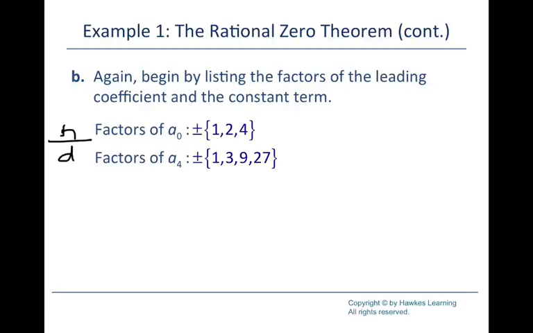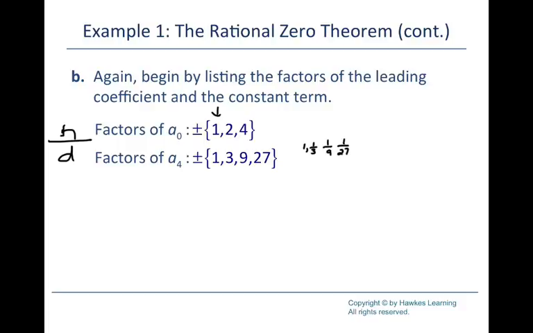That's called P over Q. So I'm going to start with a 1 right here and then put it over everything. So I've got 1 over 1 is 1, then 1/3, 1/9, and 1/27.